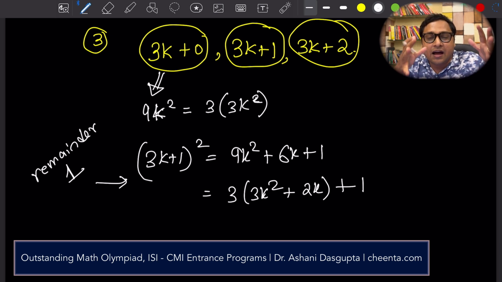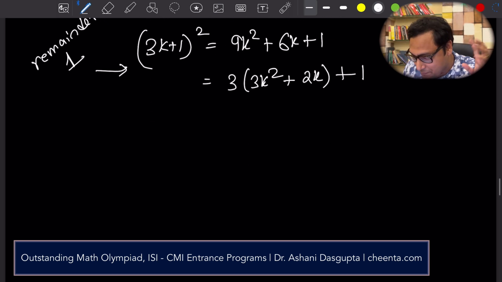So a number which produces remainder 1 when divided by 3, if we square such a number, that also produces remainder 1 when divided by 3. Think about it. Okay? So that's the second part. Nothing surprising has happened yet.